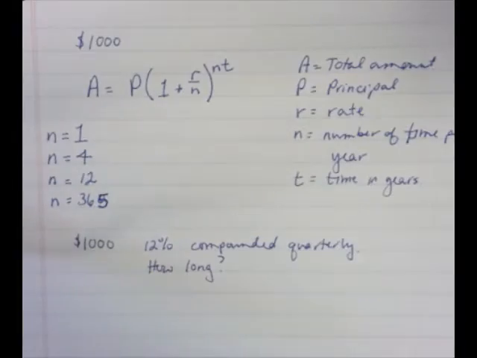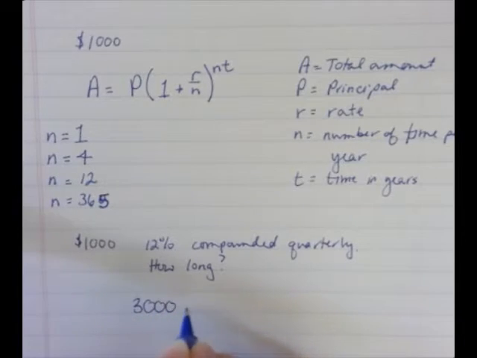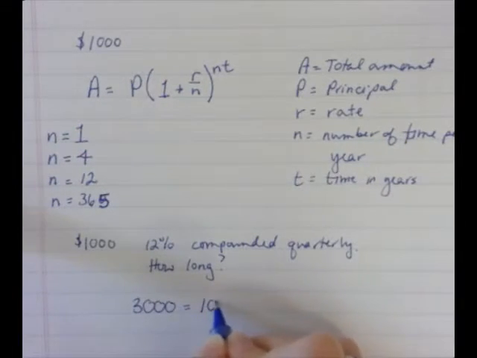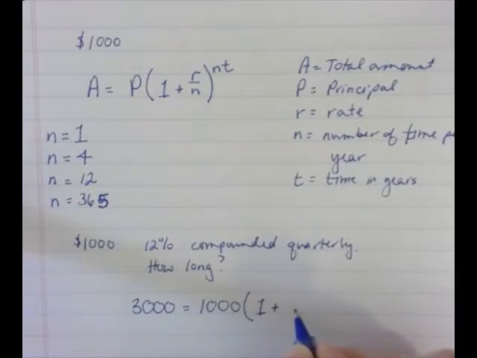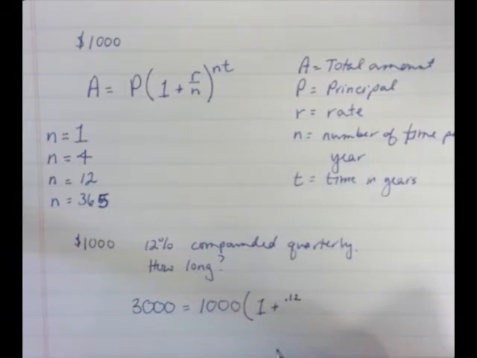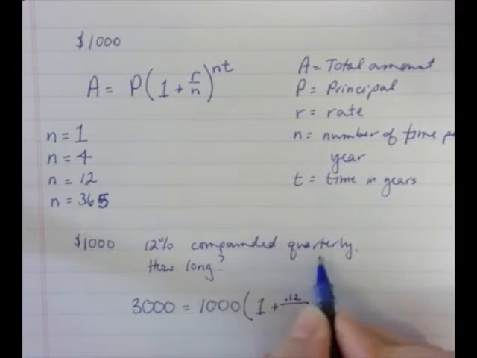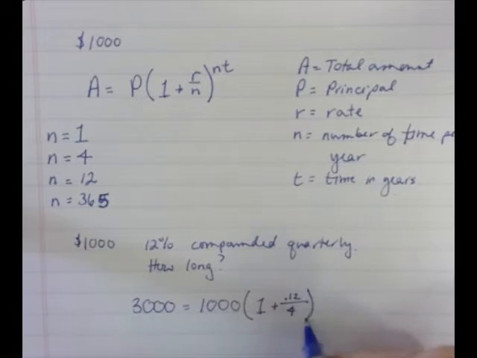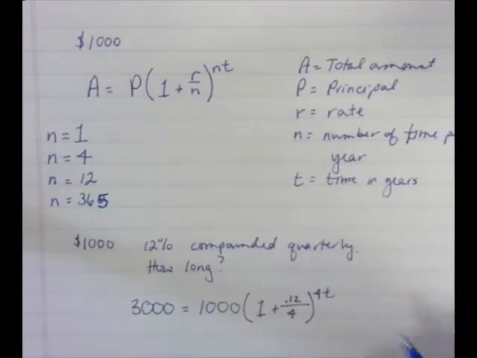So if I want to know how long it takes to earn $3,000 from my 1,000 principal, my A is going to be 3,000. My P is going to be 1,000. My R is going to be 12%, and we have to remember that we write 12% as a decimal, 0.12, or 12 100ths. Compounded quarterly means my N is 4, and I don't know my T.